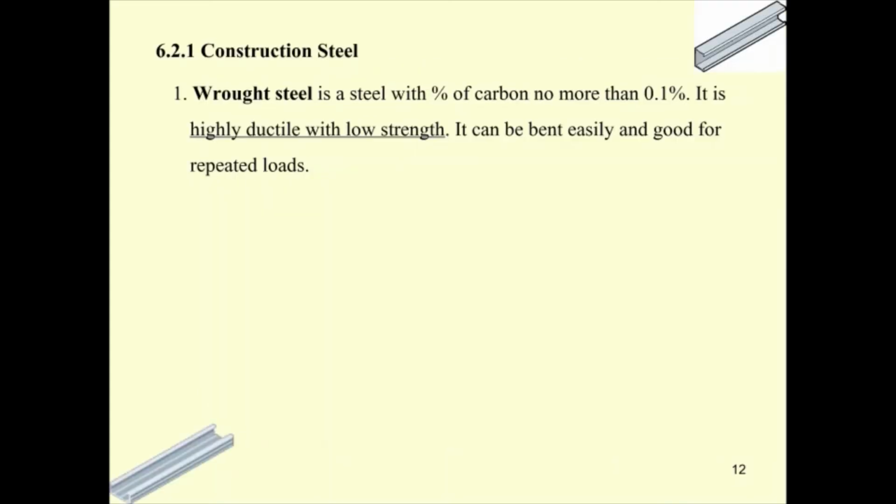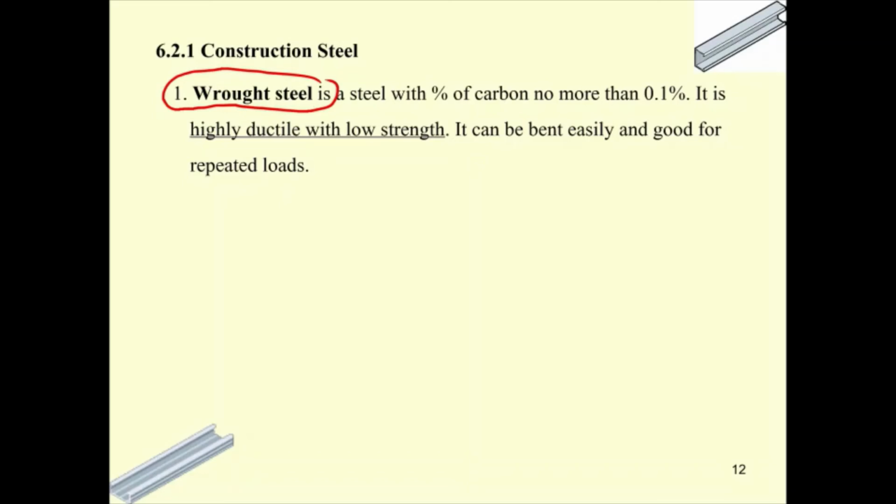Okay, and the construction steel. Typically, we have three types of them, and the first one is the wrought iron. We don't use much wrought iron in the structure, but the wrought iron is used in the window.